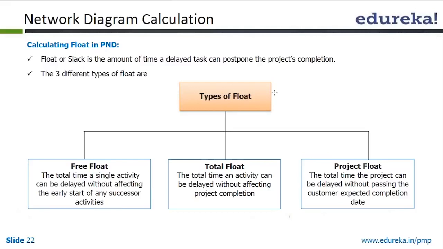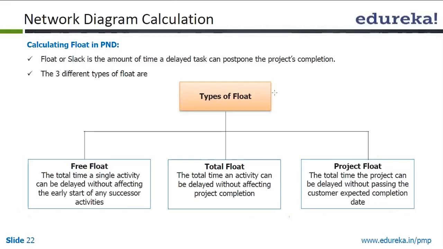The first one is the free float, which means the total time a single activity can be delayed without affecting the early start of the successor activity. So when there are two activities in parallel, it is the time delay between the two that can be utilized, as long as it does not affect the next activity. That is free float.